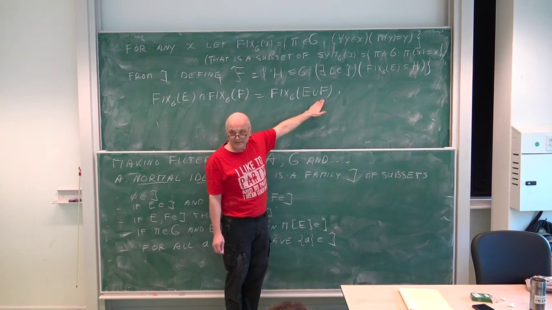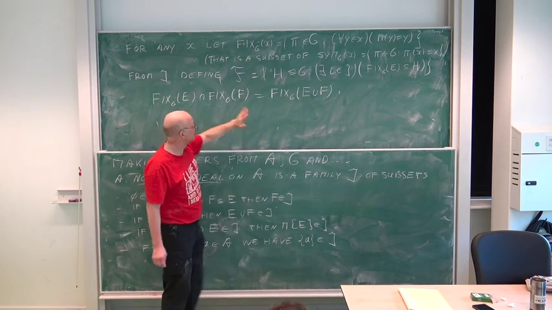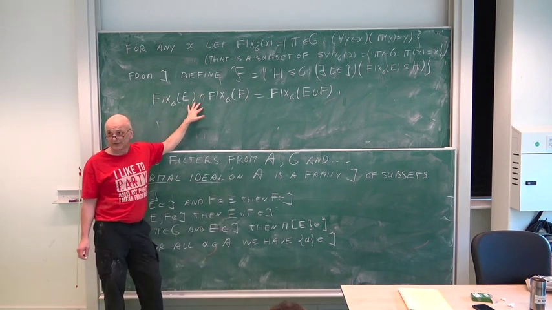So because E union F is supposed to be in I, the intersection of these two things is in the filter.